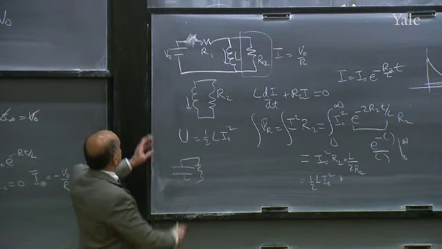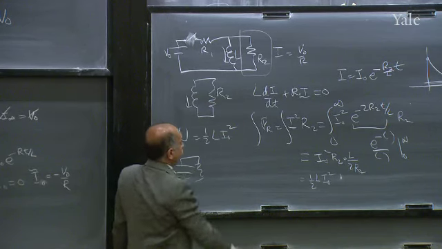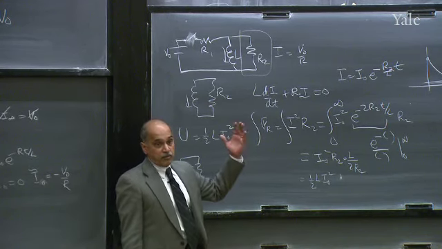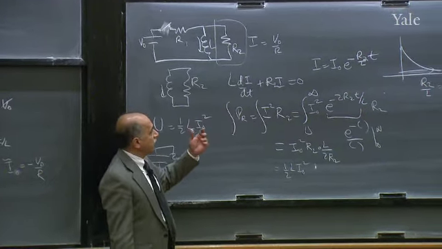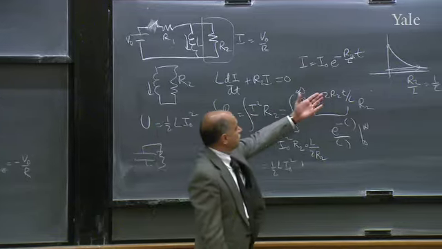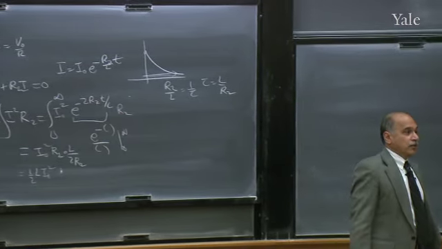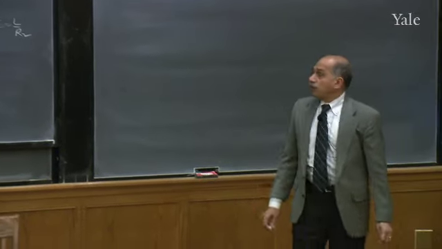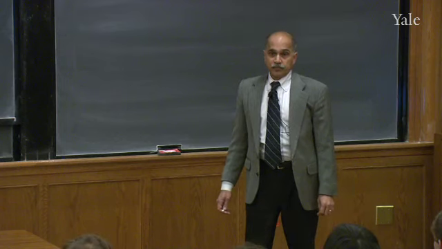Then when the power shuts off in your house or somebody throws a switch, that inductor can keep the light bulb burning, in fact, forever. It'll be infinite time before the bulb shuts down, but you won't be able to see anything after a while because this graph is exponentially falling. Okay, this is a very simple problem where we can do the math and we can understand what it's doing.